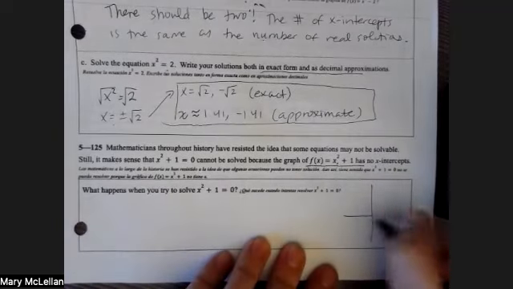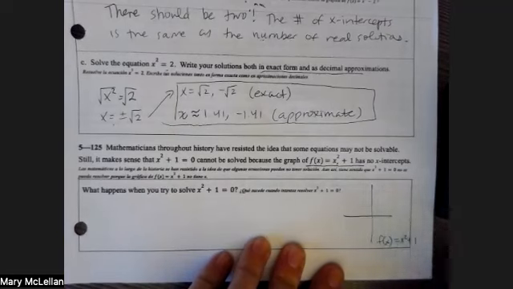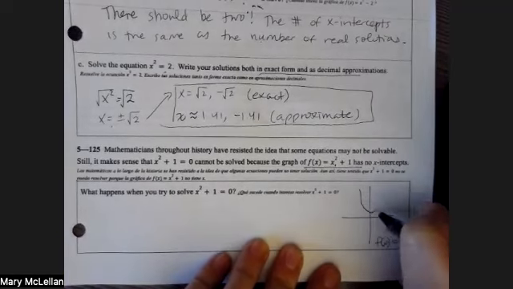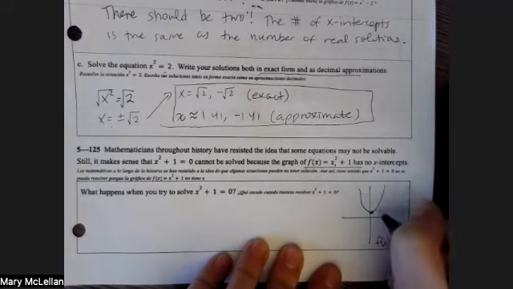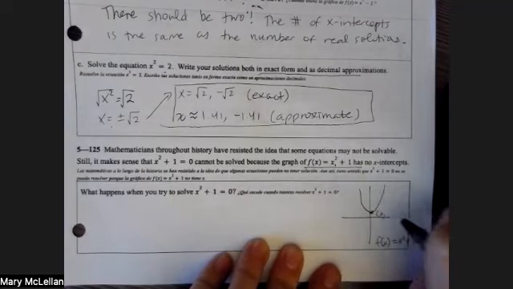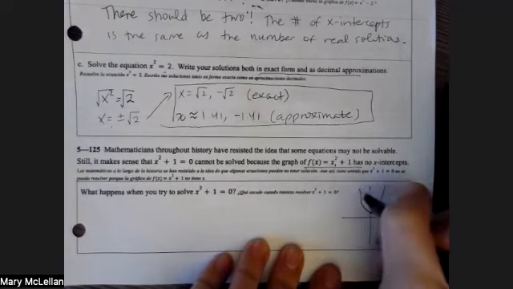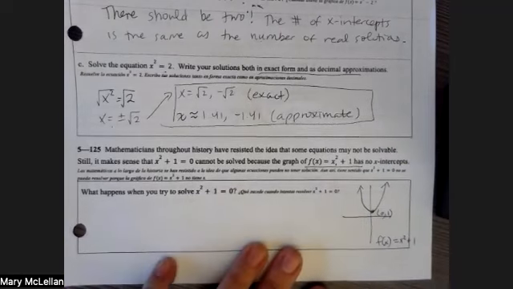The graph of f of x equals x squared plus 1 looks like this. Its vertex is at (0, 1), and it has no x-intercepts.